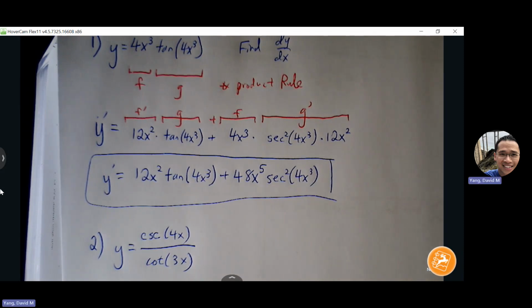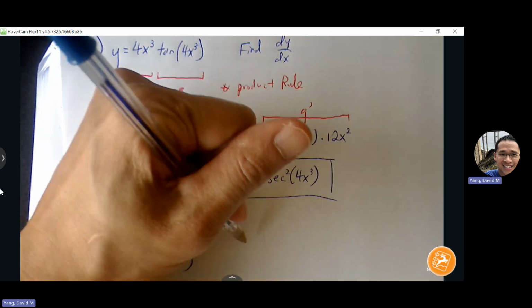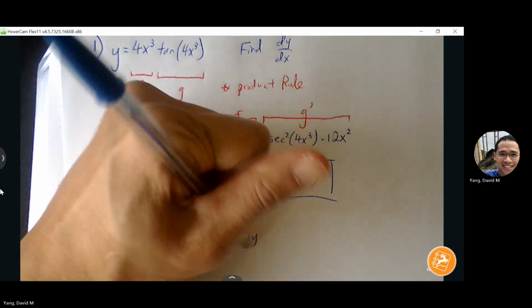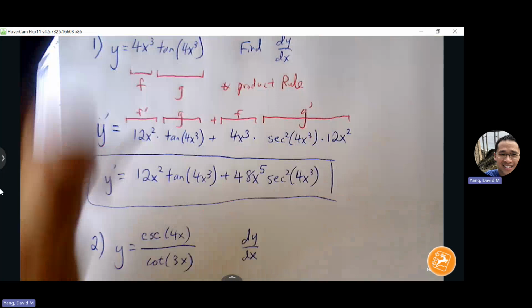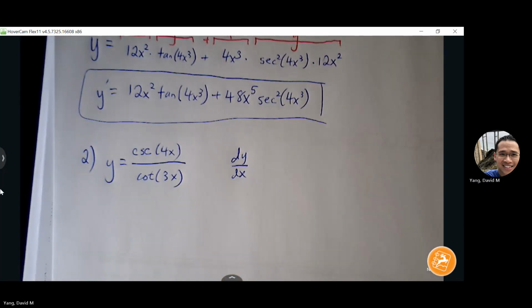All right, number 2, we're also asked to find the derivative. What's involved here? Quotient rule, yeah. So we're going to recall the rules for cosecant and cotangent. It's going to look messy, but it's okay. We can just leave everything the way it is once we build our derivative out.